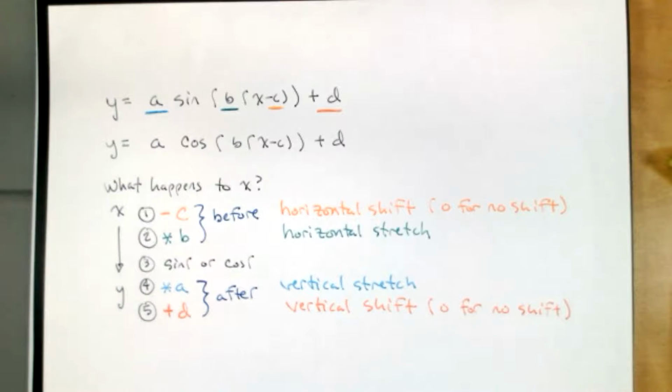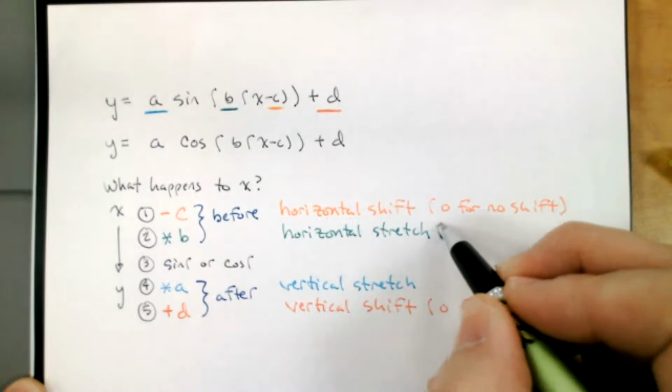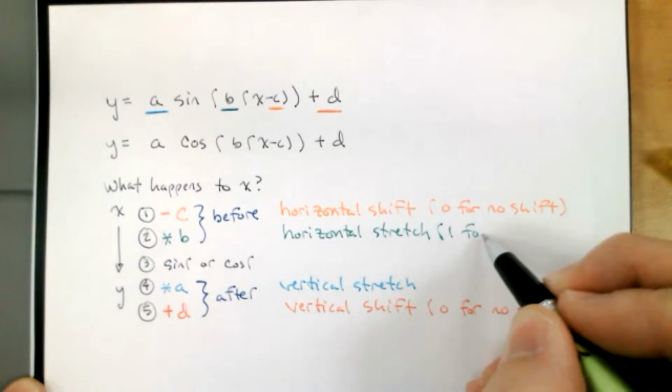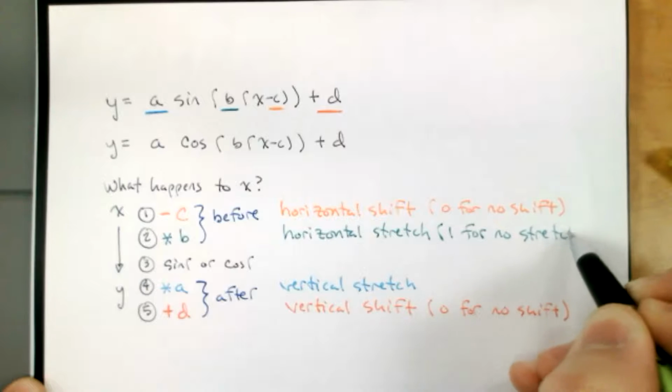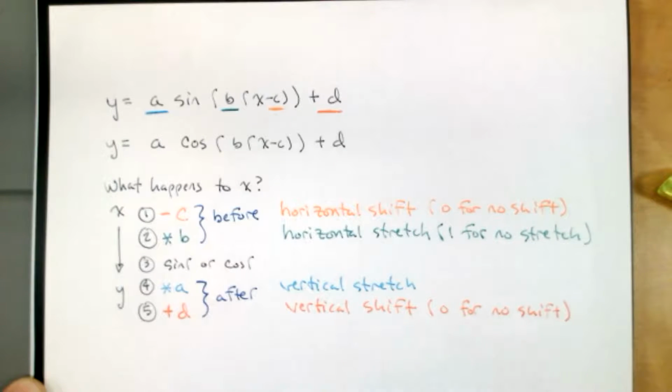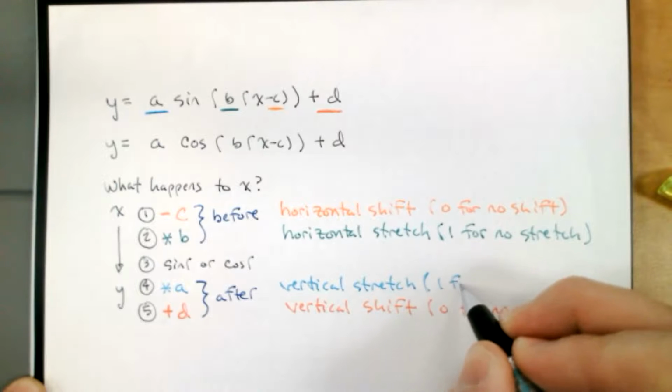But B and A are included by multiplication, and the middle of multiplication is 1. So our default setting for those should be 1. So a horizontal stretch will include 1 for no stretch. Same with A, it's 1 for no stretch.